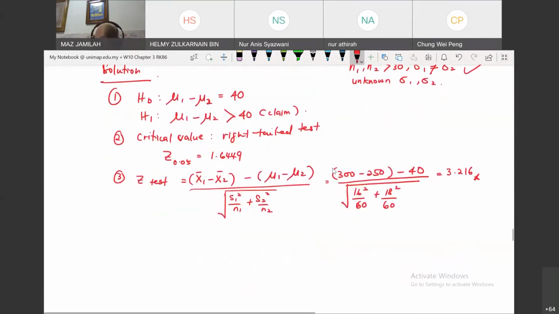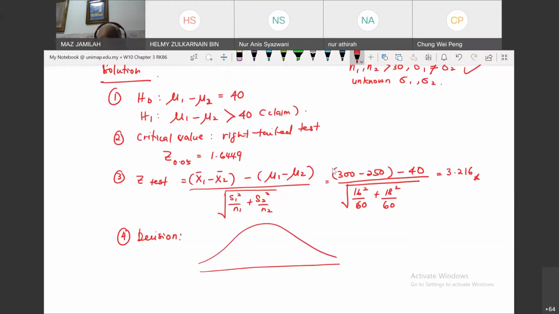Then we need to compare for our decision. Number 4, decision. Let's say we are using the sketch of our distribution. We write the right tail test. Our critical value is 1.6449, and this is our rejection region, alpha, and this is our non-rejection region.